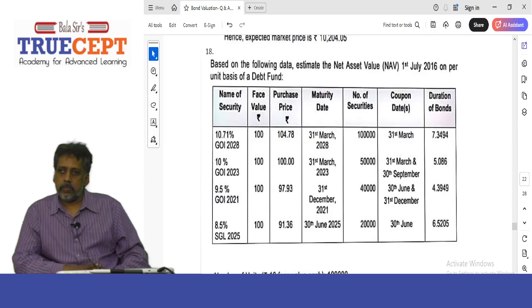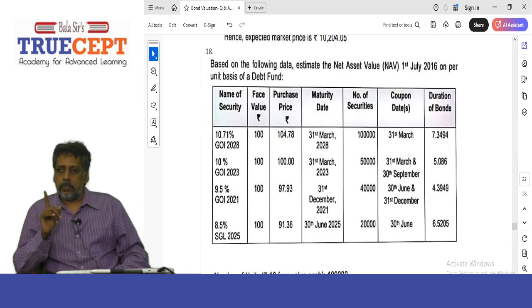Next, 9.5% GOI 2021 bonds, 100 face value, 97.93 purchase price, 31st December 2021 maturity date, number of securities 40,000, coupon dates 30th June and 31st December, and bond duration 4.3949.